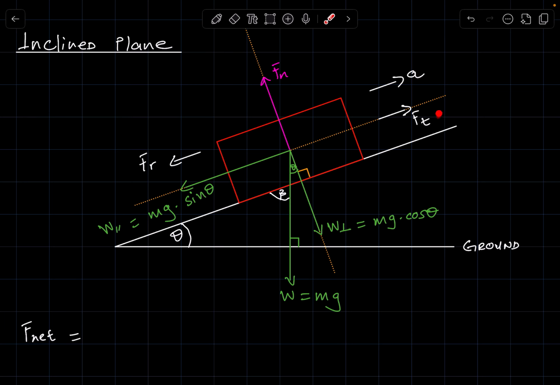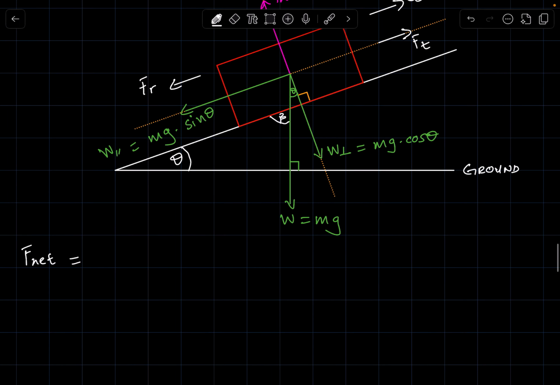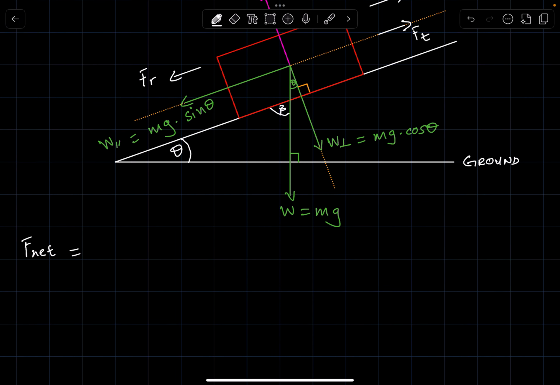So Ft going in the same direction as acceleration, we take as positive, and then the frictional force and the weight component parallel with the plane, because they oppose the direction of acceleration, we take as negative. So F net for this scenario will be Ft minus the weight component parallel with the plane minus the frictional force.